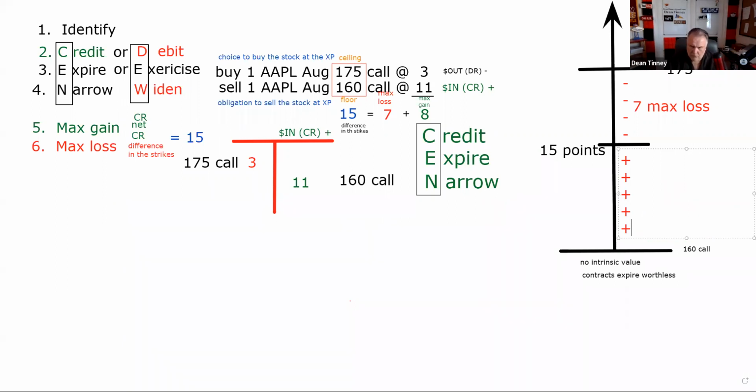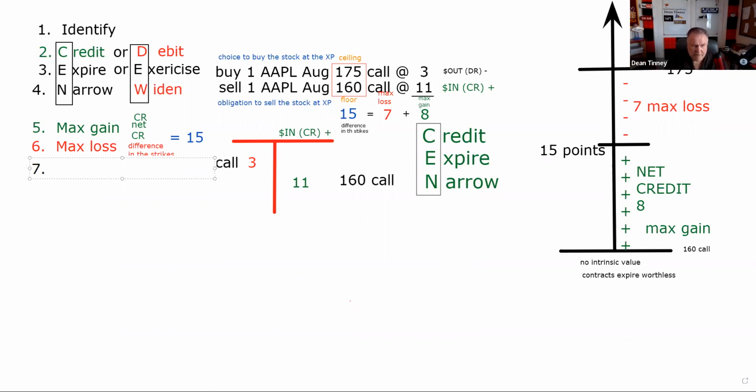Not testable. That's called the range. The range here is 15 points. Okay, now the reason I thought that was kind of helpful is because our next thing, number 7 of the things we've got to be able to do on the test, is we have to figure out the break even.